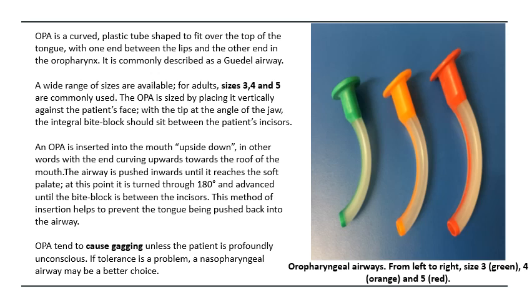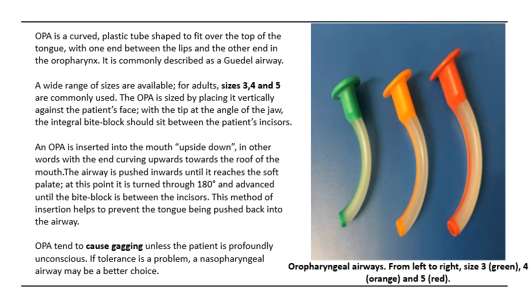It's commonly described as the Guedel airway. A wide range of sizes are available for adults, like what is in front of us in the picture: size 3, green, size 4, orange, and size 5, red. These are commonly used. The oropharyngeal airway is sized by placing it vertically against the patient's face so that the tip is at the angle of the jaw, and the integral bite block should sit between the patient's incisors. This is very important: the integral bite block should sit between the patient's incisors, at the colored part, whether green, orange, red, or the other colors in the pediatric sizes, yellow and white.